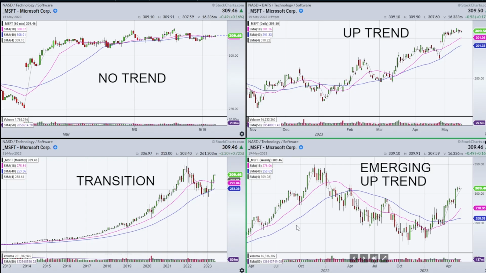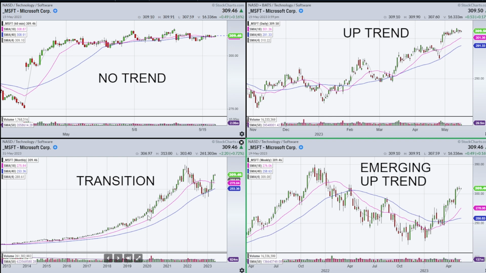Okay, so I've got 4 charts of Microsoft up with a monthly bottom left, weekly in the bottom right, a daily in the upper right, and an hourly in the upper left. And what I've talked about in numerous lessons is that we're trying to identify each time frame's trend.